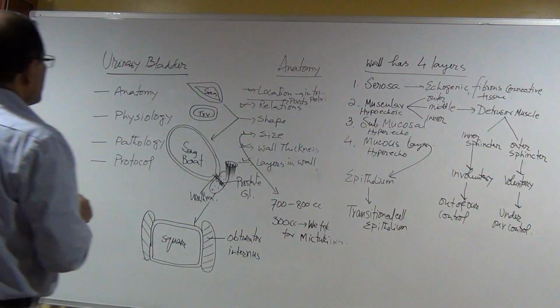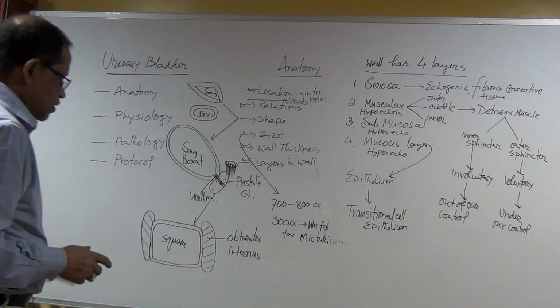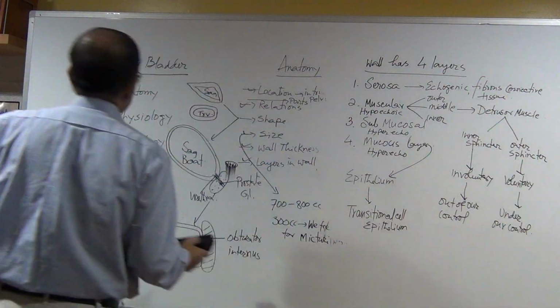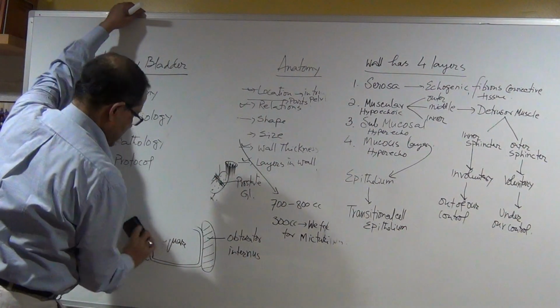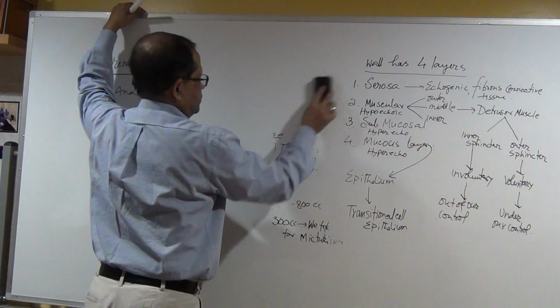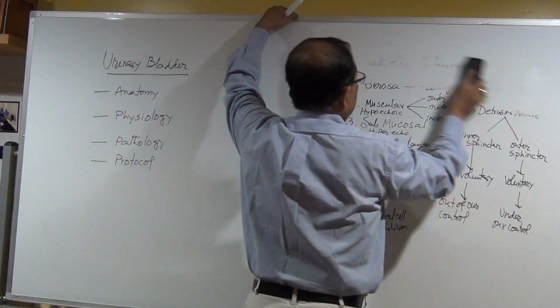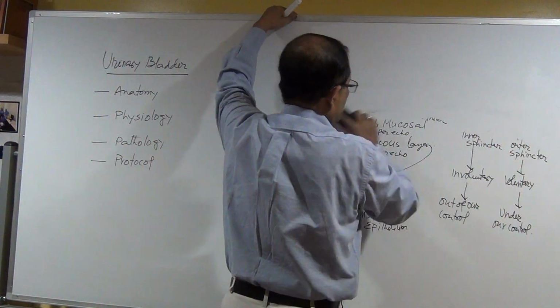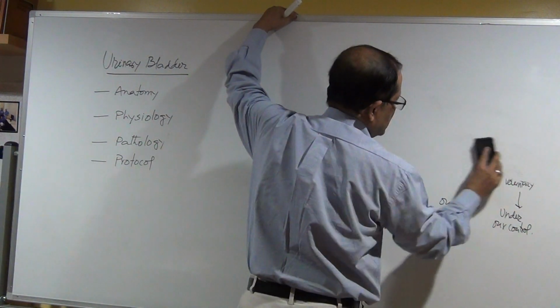So now I like to give you the idea about the physiology. Physiology means function. I already discussed over here, so you're gonna get it. If you know this physiology, then you will better understand incontinence of the urine.